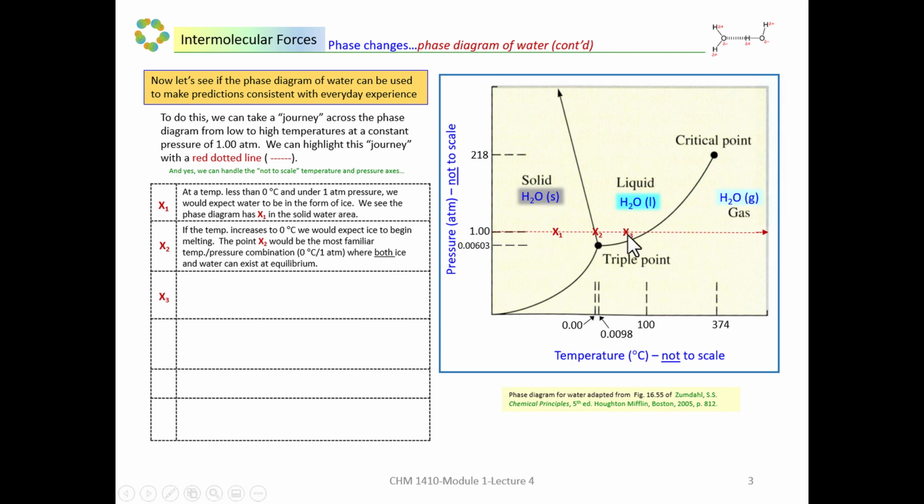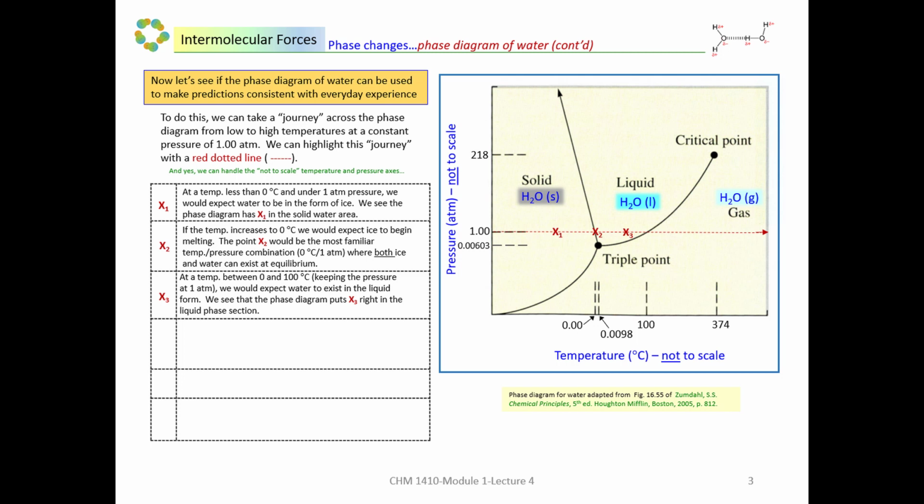At point x3 on our journey, we're within the liquid water area of the diagram. Does this make sense? Well, we're still under normal atmospheric pressure, and we're at a temperature between 0 and 100 degrees C, and so we would expect water to exist in the liquid phase.